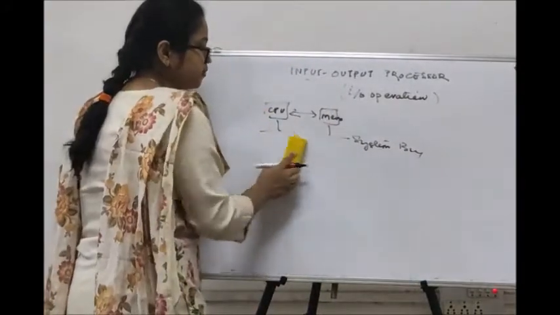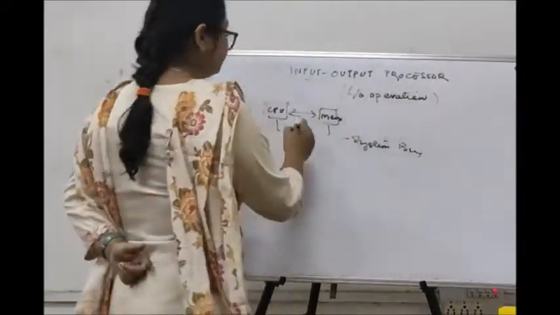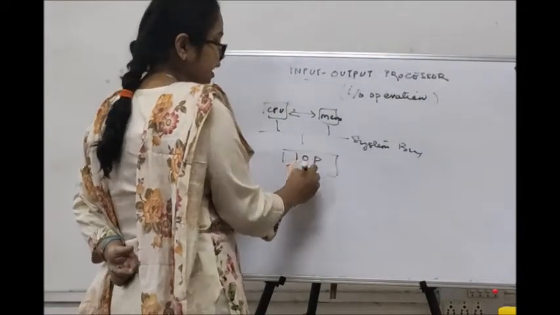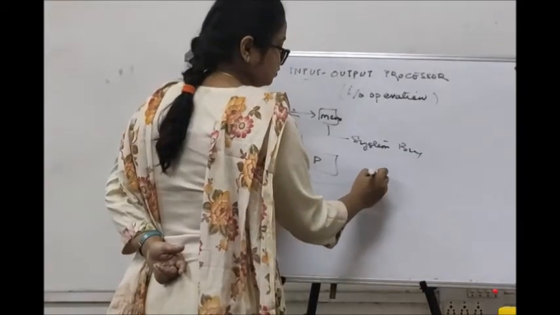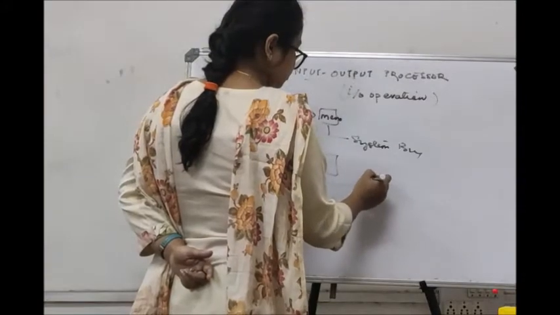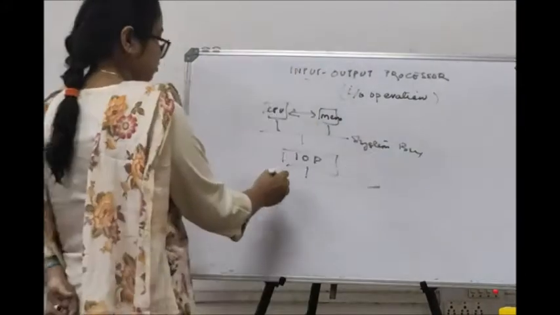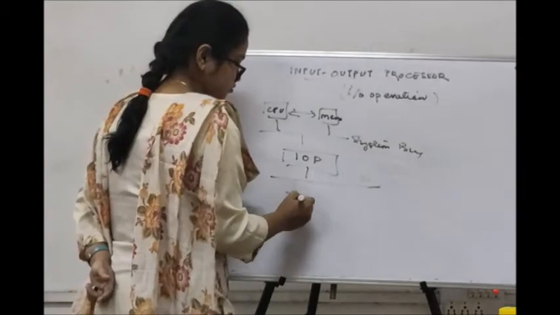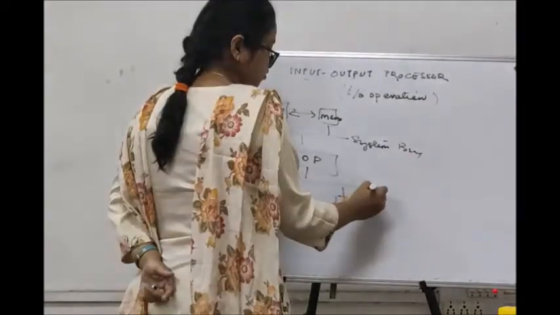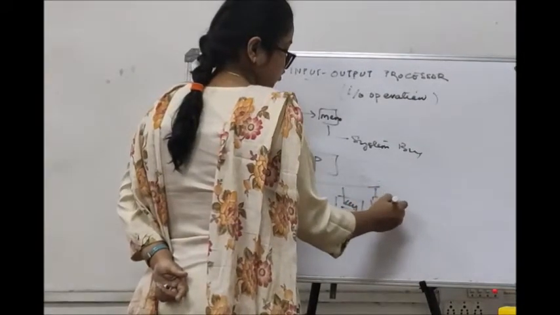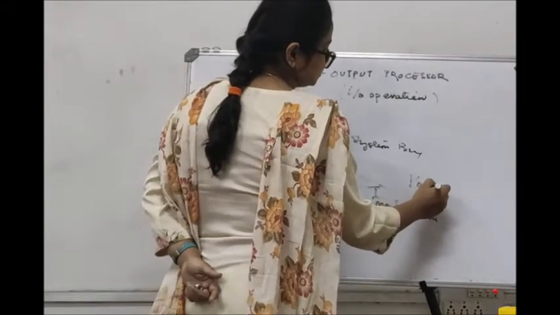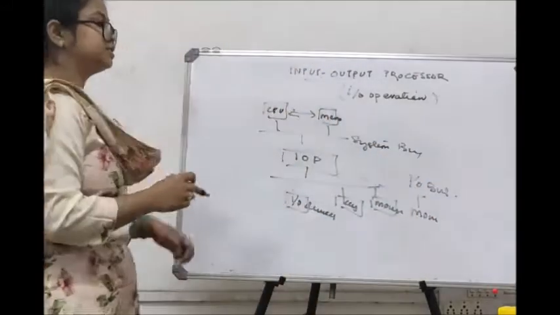Now, if we have an IOP, an input output processor, then life will be much easier. These are IO devices, like keyboard, mouse, monitor. This is the IO bus.